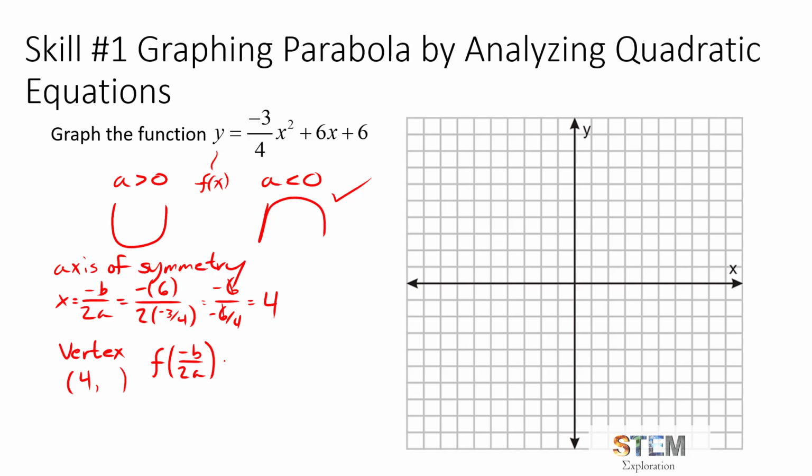So really what we're going to do is plug in 4 for x: -3 over 4 times 4 squared plus 6 times 4 plus 6. And what we'll get is -12 plus 24 plus 6. That'll be 30 minus 12, which would equal 18. So the vertex is 4, 18.